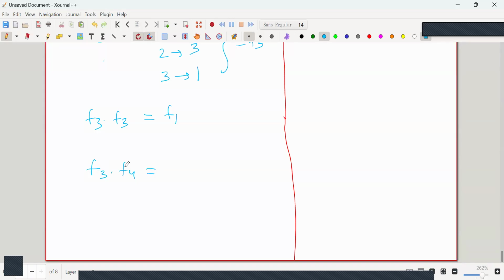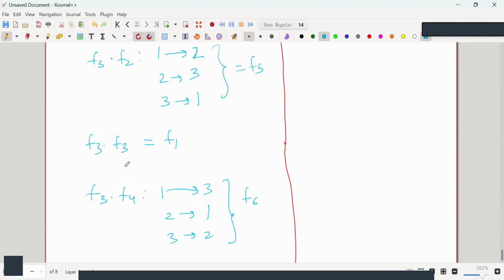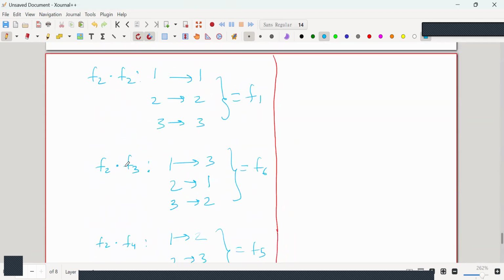So this will be 1 going to 3, 3, 2 going to 1, 3 going to 2. So this is nothing but F6, right? So F3 compose F4 is F6.